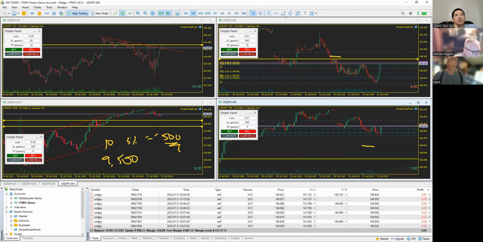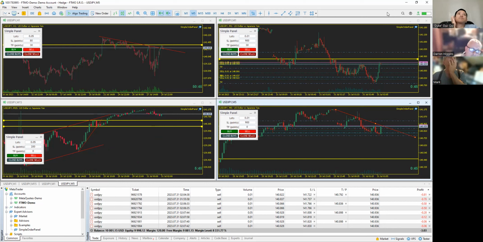See, bodies. So it should drop. Don't want to add too heavy here yet because if it turns right here as a W, then we're going to go up some more.